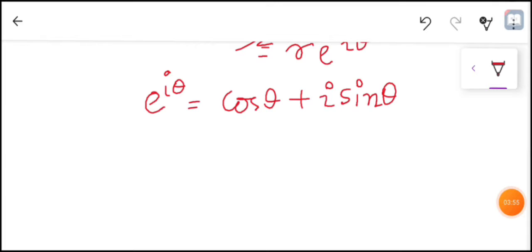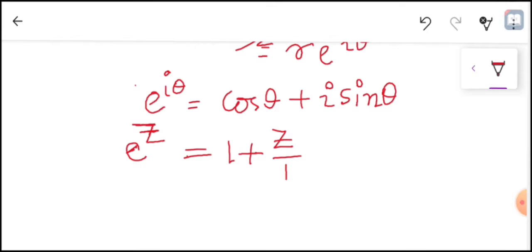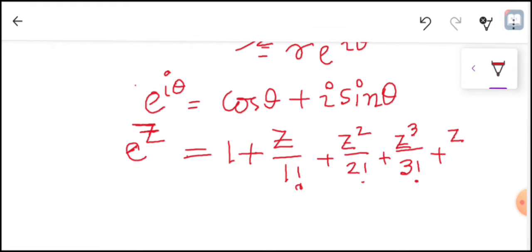We know very well the expansion of e to the power z, which is nothing but 1 plus z to the power 1 by 1 factorial plus z squared divided by 2 factorial plus z cube by 3 factorial plus z to the power 4 by 4 factorial plus and so on.